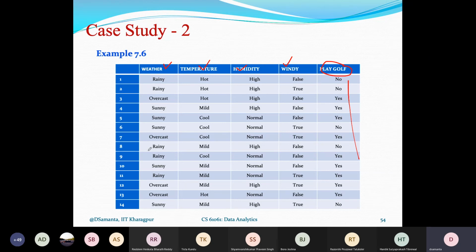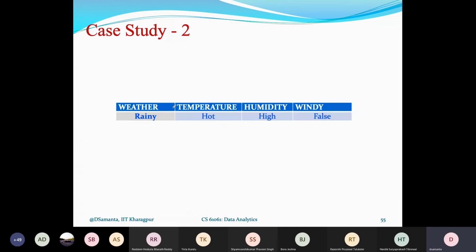Now here 14 records are given as a training data set. So your task is to calculate the probability, given this training data set, whether play golf is yes or no. That we have to check for this training data, right?